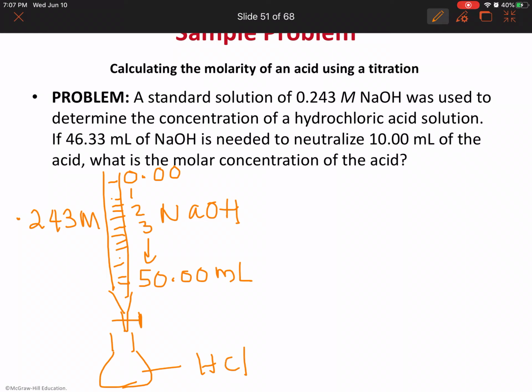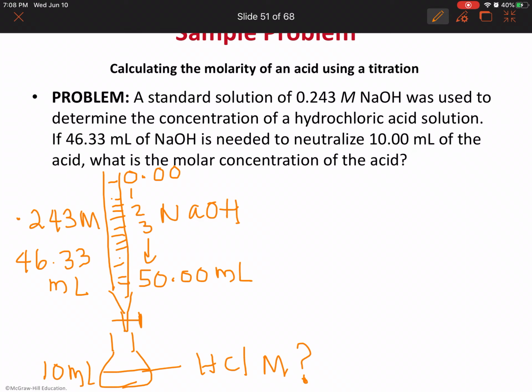If 46.33 milliliters of sodium hydroxide is needed, so from the burette 46.33 milliliters has been added to neutralize 10 milliliters of the acid. So we have 10 milliliters of the acid here. We want to find out the concentration of hydrochloric acid.